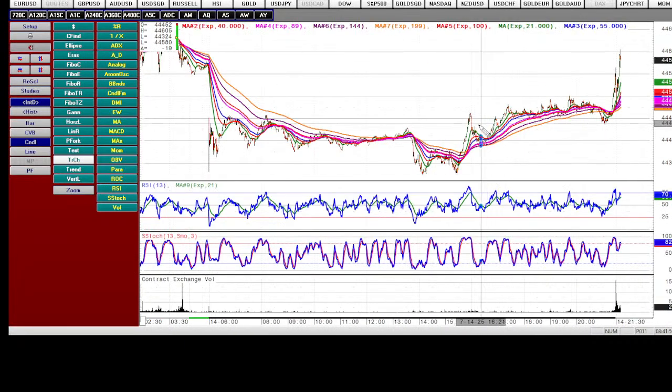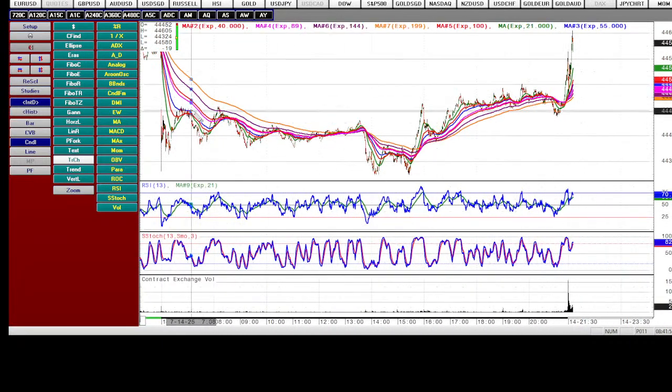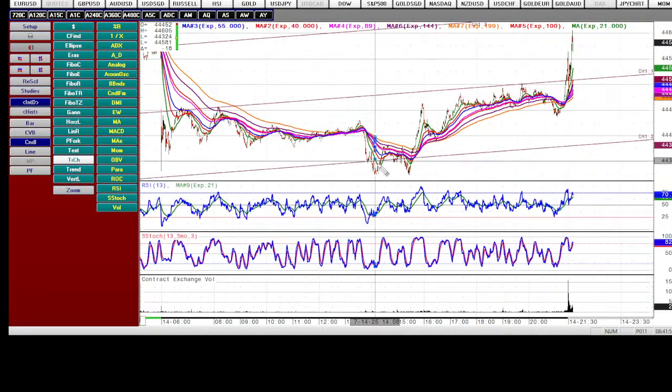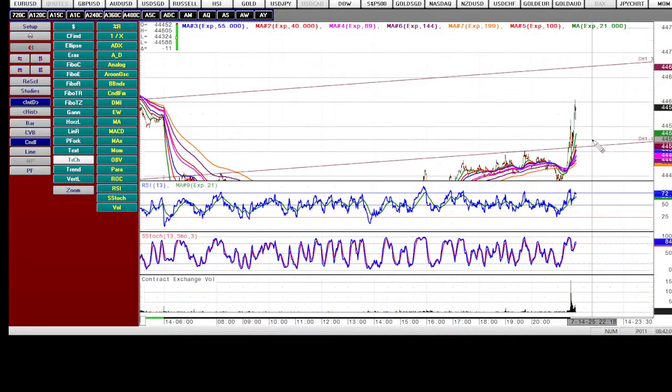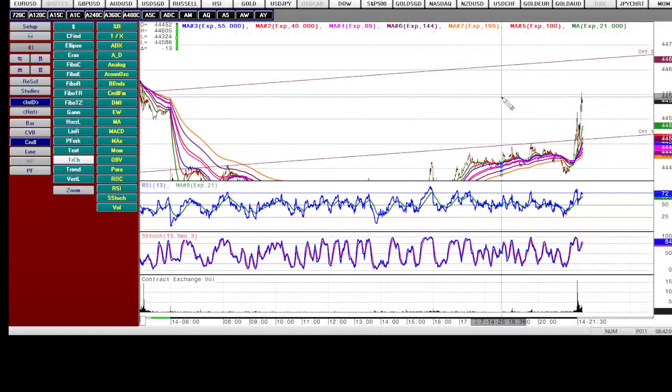So since this is showing strength, we can go for another Dow sell at another 100 points away from this.